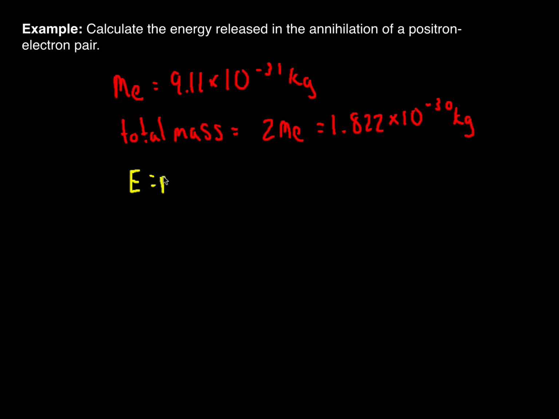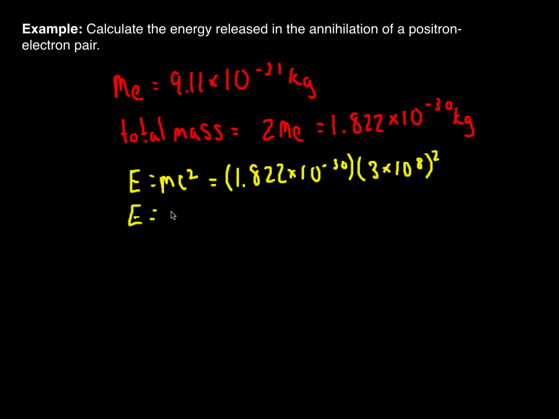E equals mc squared. So we take this mass, 1.822 times 10 to the negative 30 kilograms, and multiply it by c, which is 3 times 10 to the 8, squared. This gives an energy equal to 1.64 times 10 to the negative 13 joules.